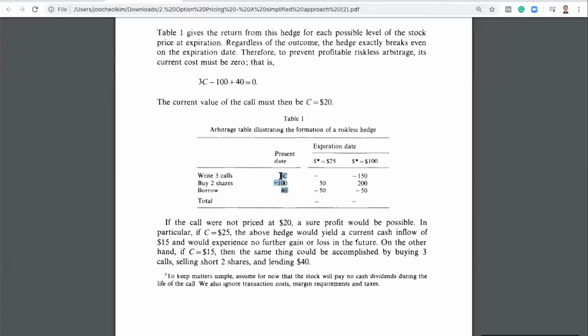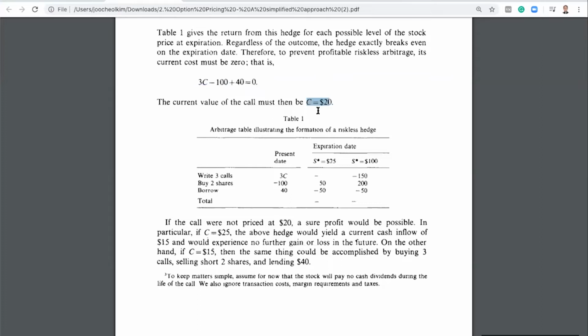So here is the equation: 3C minus 100 plus 40 should be 0. Otherwise, there is an arbitrage opportunity. This is just a simple equation for C. Once you solve this equation for C, the price should be $20.